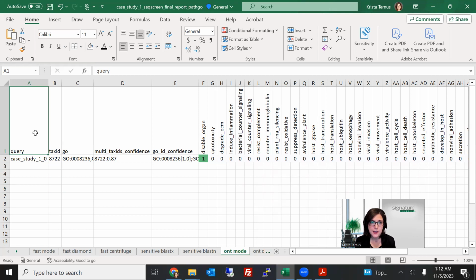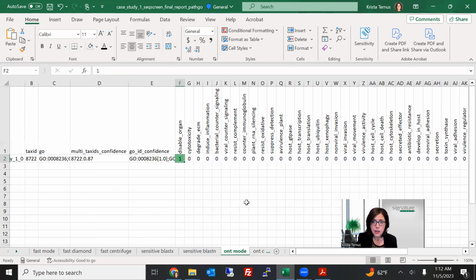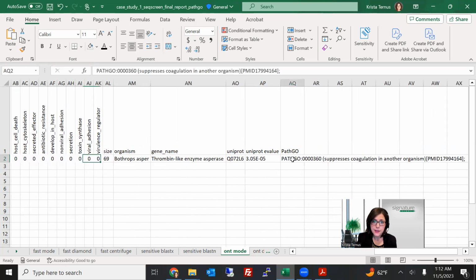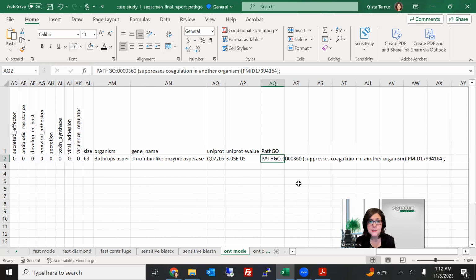And we can look at how the pathogenicity labels look for this particular snake toxin. We see that disable organ is the FunSoc that's assigned. That's the most severe, most damaging FunSoc possible within SeqScreen. And then we also see a pathoterm here at the end, and that is suppresses coagulation in another organism.